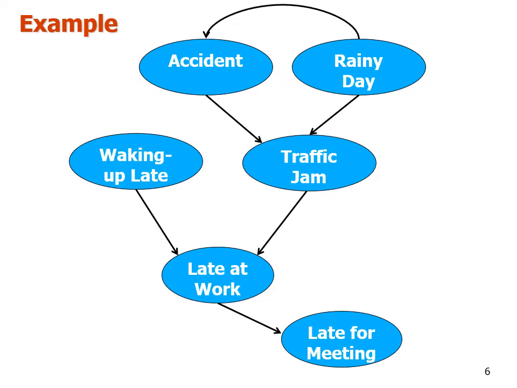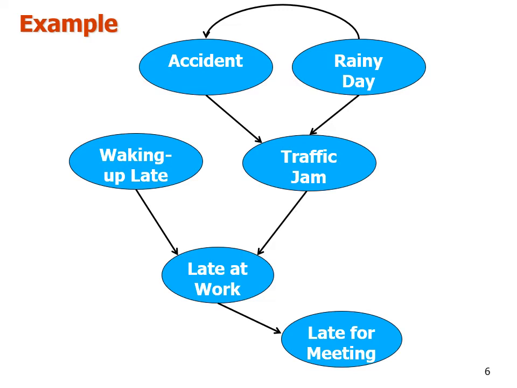Now the arcs drawn denote the causal relationships between these variables, and from this structure we get a directed acyclic graph that represents the nodes and the relationships between the nodes. And from this network now we can read different conditional independence relationships. Let us try to elaborate more.